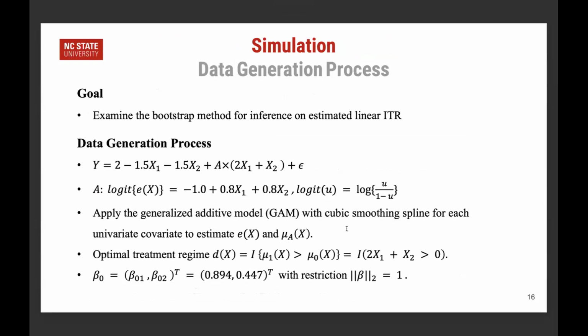In our data generation process, the optimal treatment regime is actually a linear regime. And because we focus on the beta values that have been standardized to unit length, the true beta 0 values are as follows: beta 01 equals 0.894, beta 02 equals 0.447.